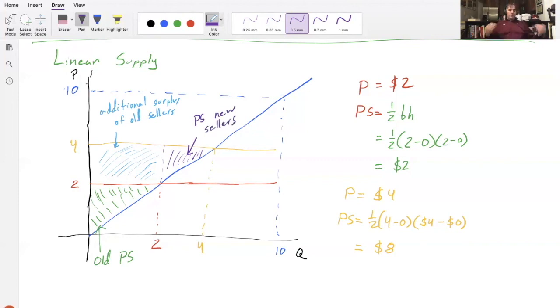And so the price increased, and so the old sellers got a little bit more surplus, and we also got some new sellers who went to the market because the price increased, and they get some producer surplus. And so that is what's driving the change in producer surplus as the price increases.